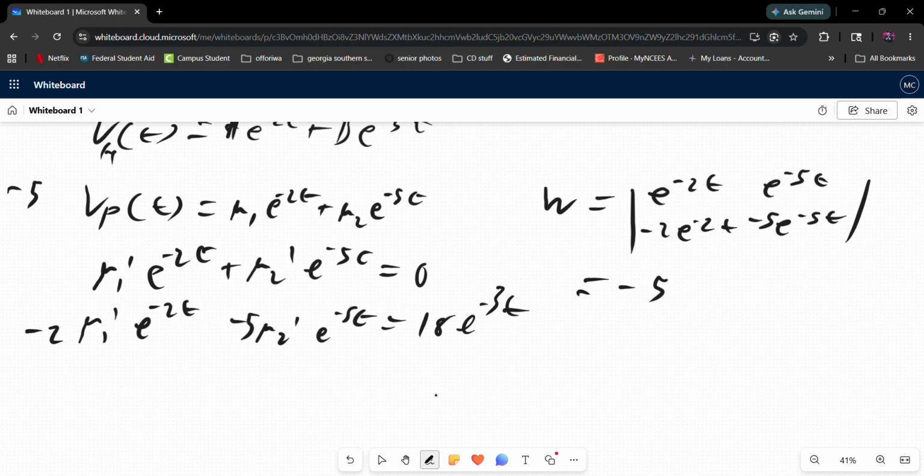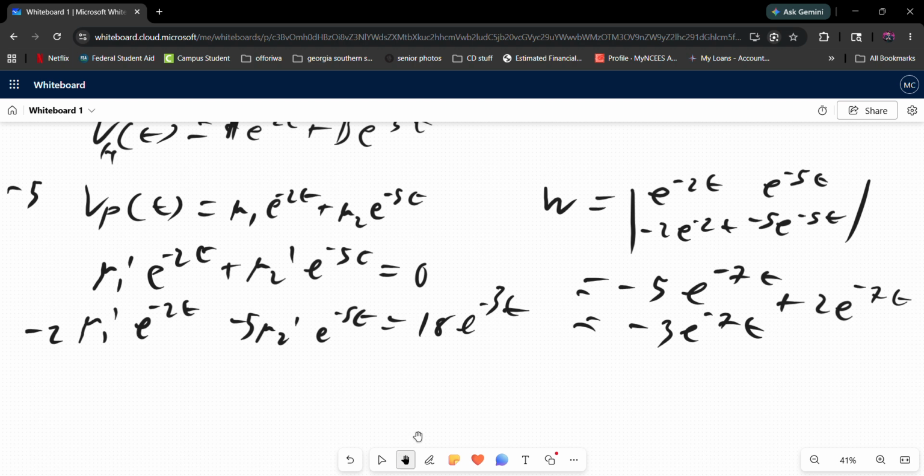Alright, so now we have negative 5 e to the negative 7t plus 2 e to the negative 7t. So this sum is going to result in negative 3 e to the negative 7t. Alright, so now we have the Wronskian.